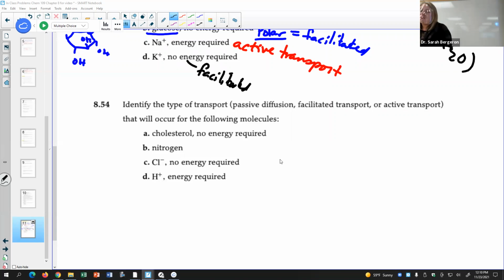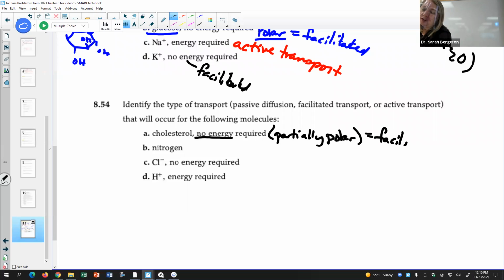So it's going to need help, because it's partially polar. So is it going to be facilitated or active? How do you know facilitated? No energy. So this is facilitated.